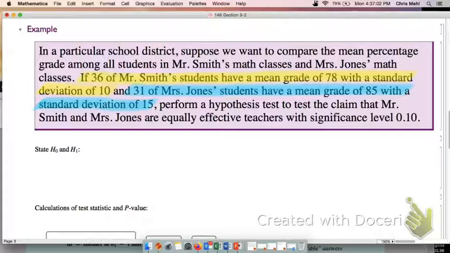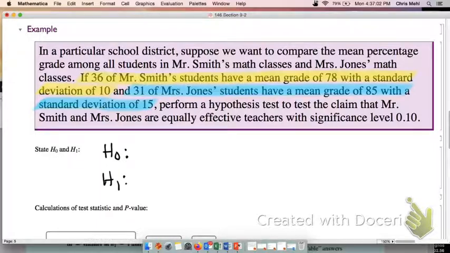Now, here's what we're going to do first. Let me write down the null and alternative hypotheses, and then I'll figure out all my sample statistics. I need an H0 and an H1.